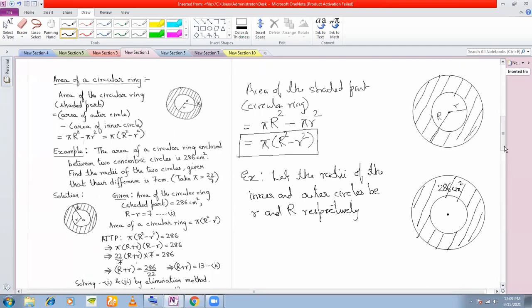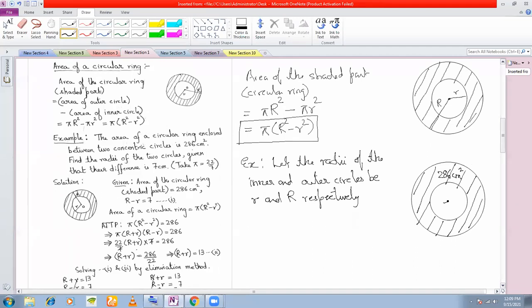So I have this as my small r and I have this as my capital R. The difference of the radii is given. How much is the difference given? Difference of the radii is 7 centimeter. Therefore, capital R minus small r, obviously greater minus smaller is the difference, R minus r is equal to 7 centimeters. So this is your first equation.